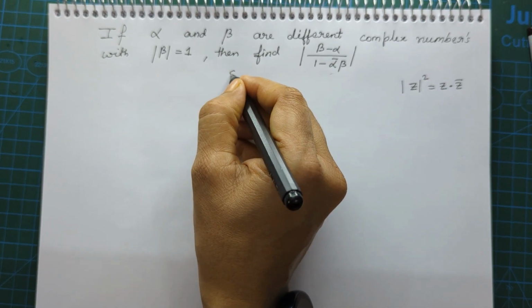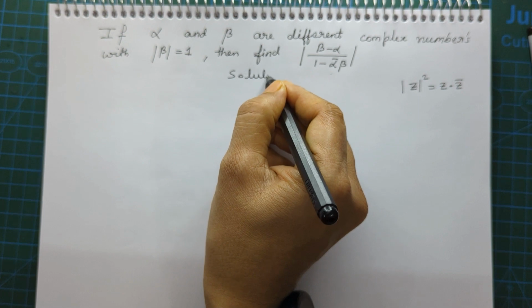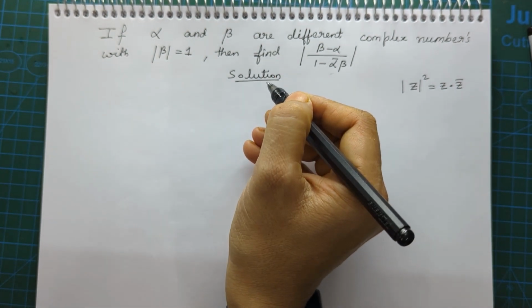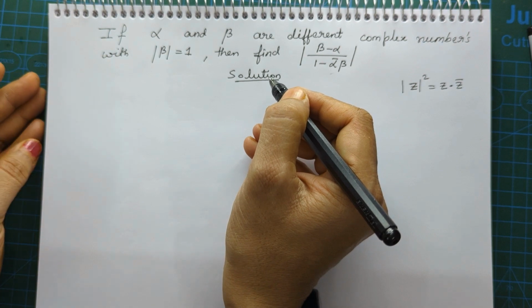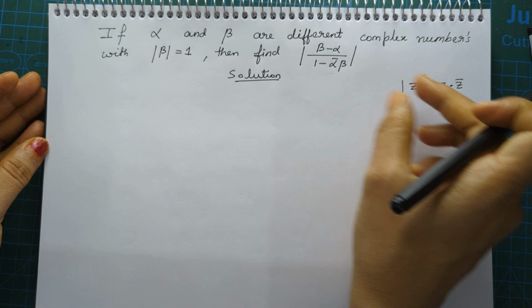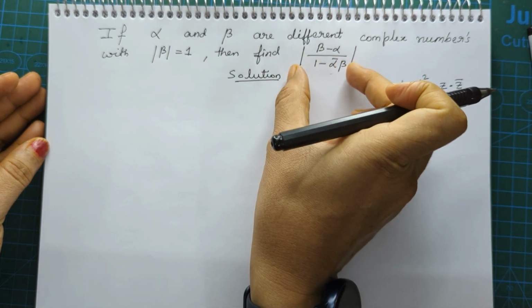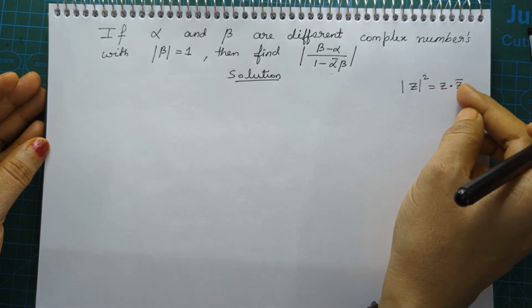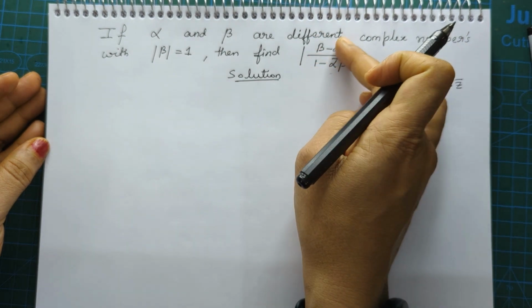So let us begin. As I solve, you will understand that this is such an excellent question which involves many properties of conjugate and modulus of complex number. Because I want to find the value of modulus of this, I should first multiply the complex number and its conjugate. The complex number is this itself.